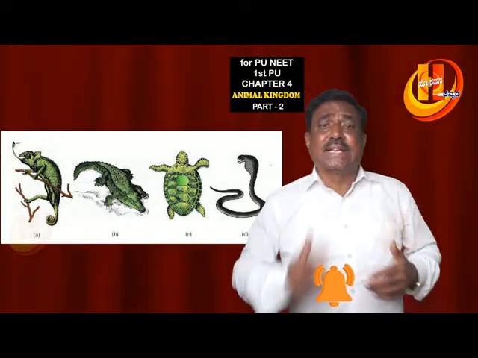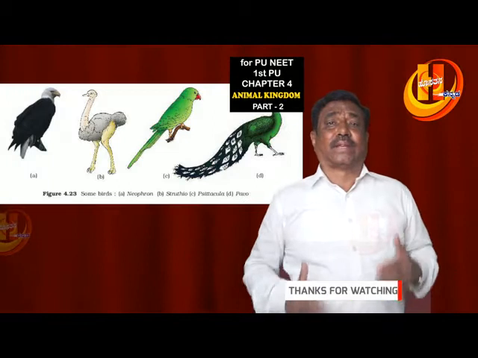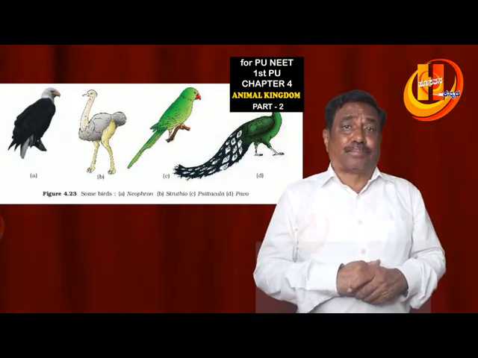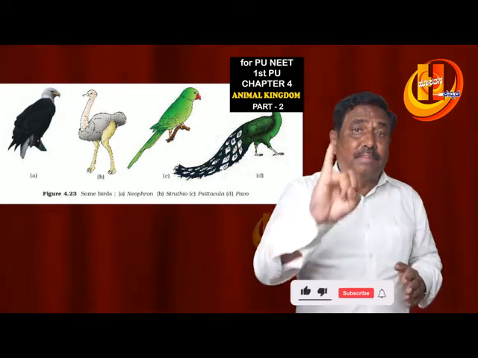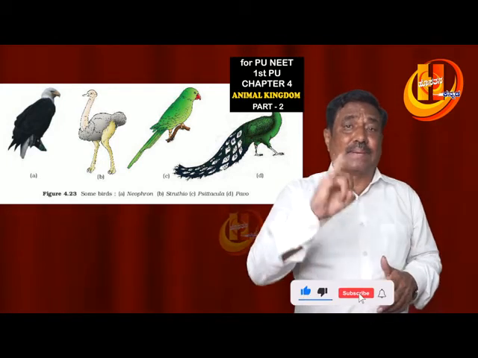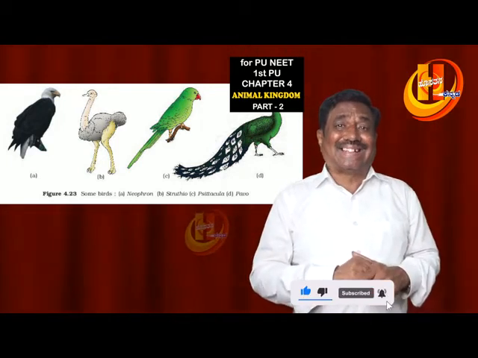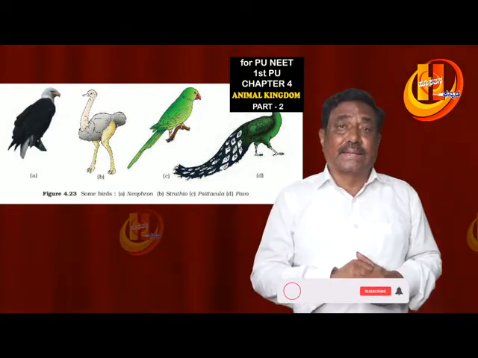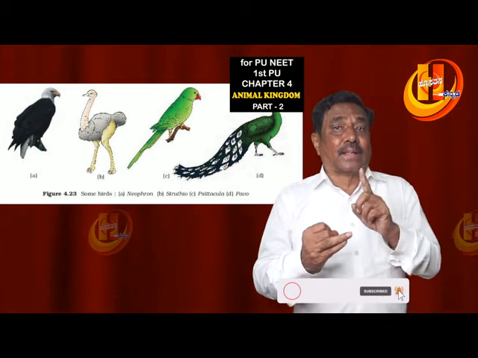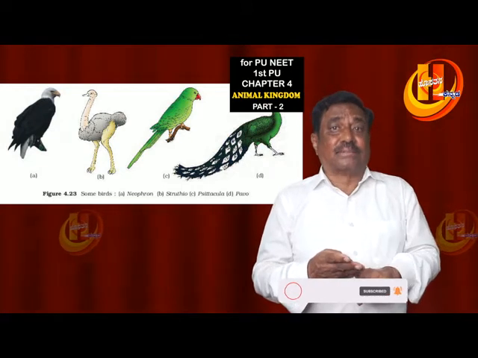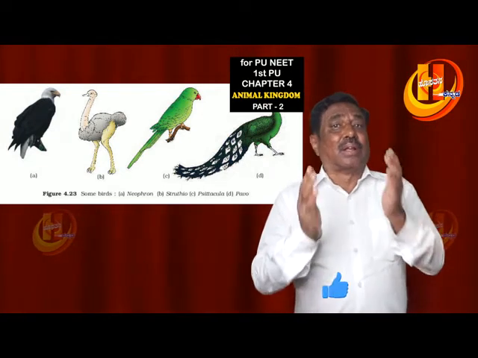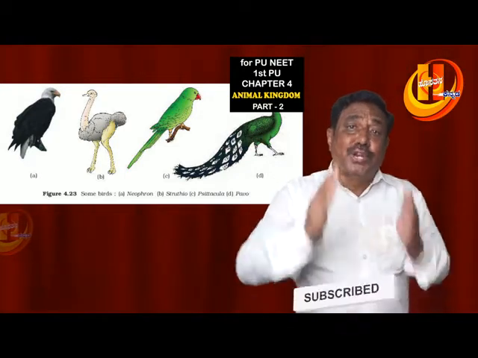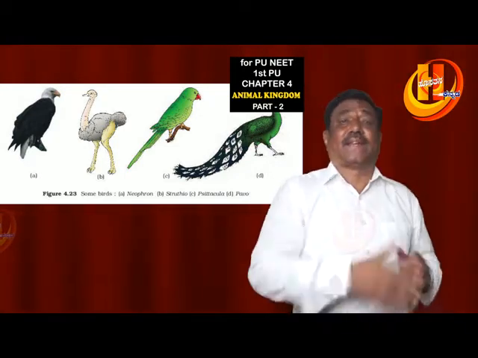And next to this is class Aves, it includes the birds. So they are warm-blooded organisms and a teethless beak is present. This is very important. And the presence of wings, feathers, and then digits are the important characteristic features. The presence of the pneumatic bones is very, very important.